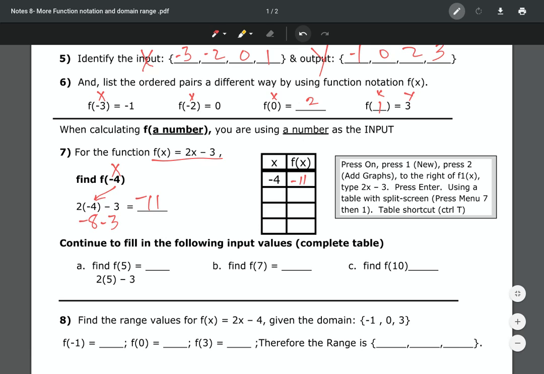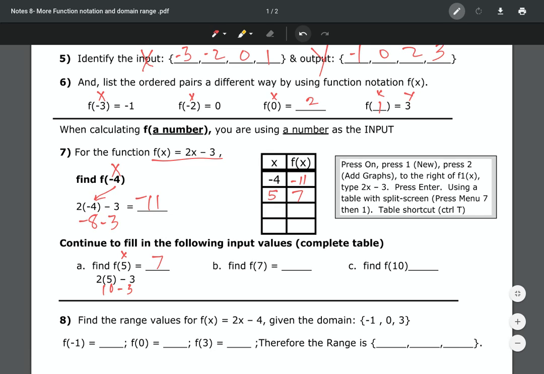You can continue to fill in the following input values by completing the table. So find f of 5. So 5 is your x. We're going to put a 5 here. So 2 times 5 is 10. 10 minus 3 gives you 7. So we put the 7 over here.